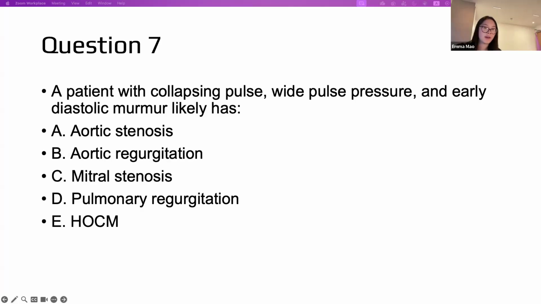Yeah, nice. Okay, so yeah, that's aortic regurgitation. So the diastolic murmur and also that collapsing pulse. So the water hammer pulse. Okay.